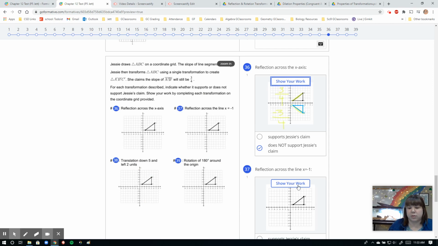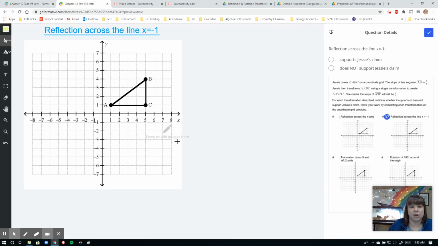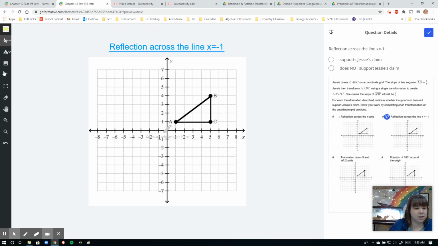The next one says we need to do a reflection across the line x equals -1. So I'm going to go ahead and grab my line tool and highlight the line x equals -1. Remember, that's where each x value is always going to be -1. So x is -1 here, x is -1 here, x is -1 here. So we've got this line that goes like this, okay?